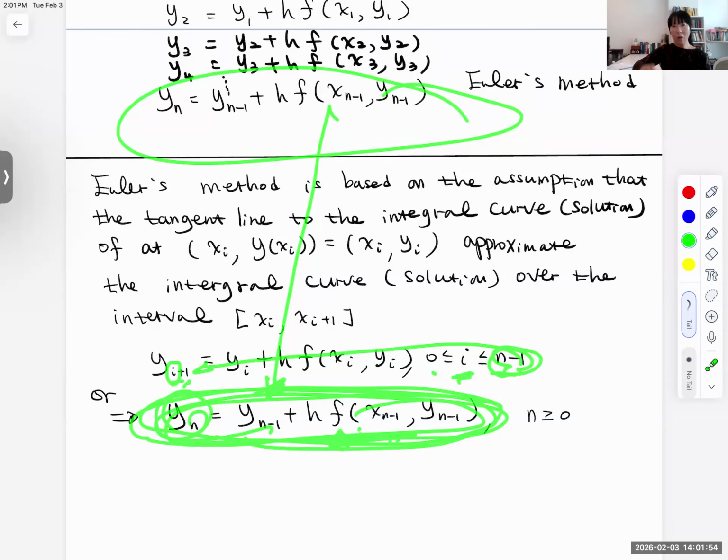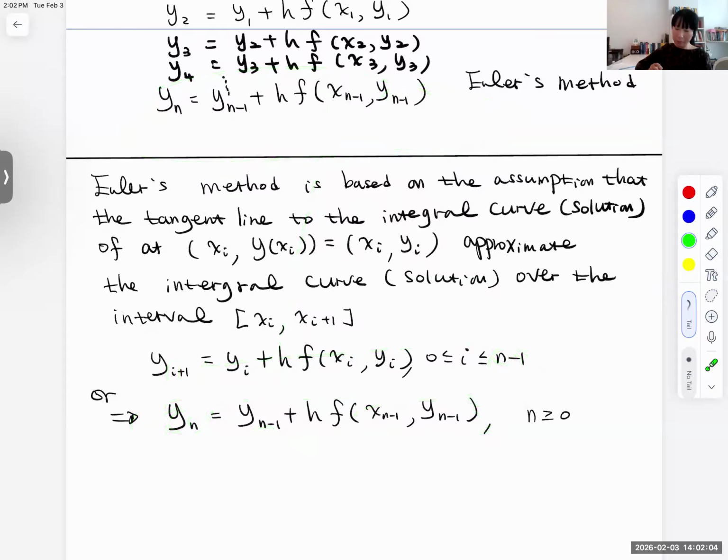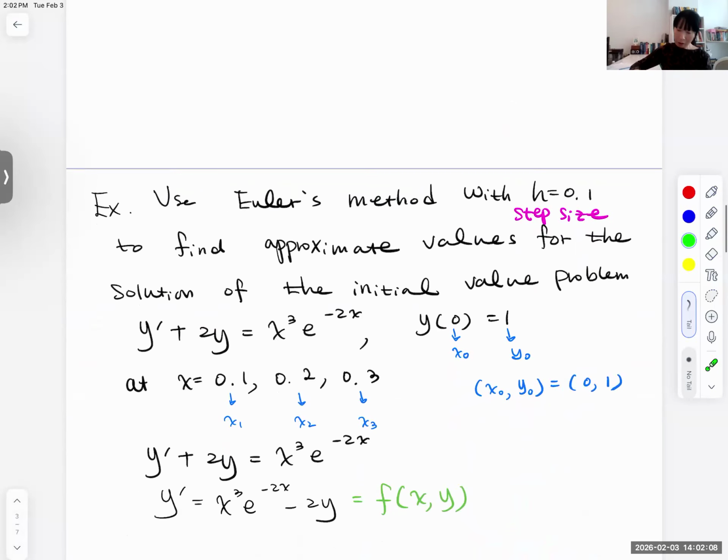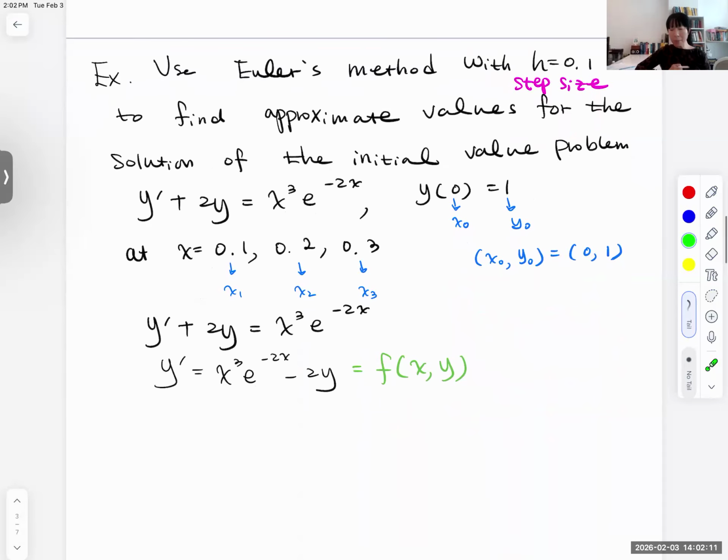All right, then let us do an example so we understand how to apply Euler's method. Use Euler's method with step size h equal to 0.1 to find approximate values. The differential equation is given.